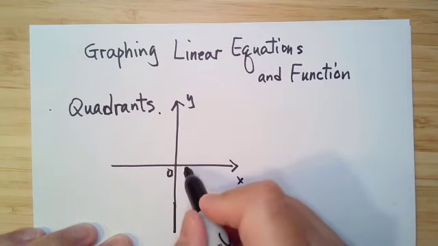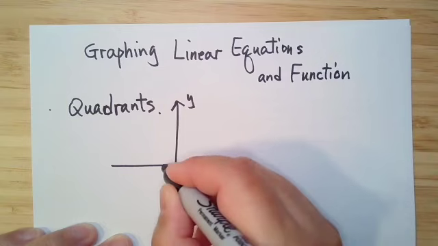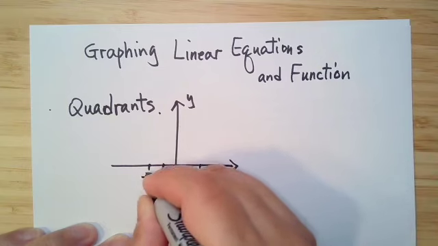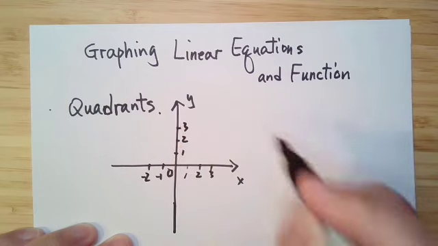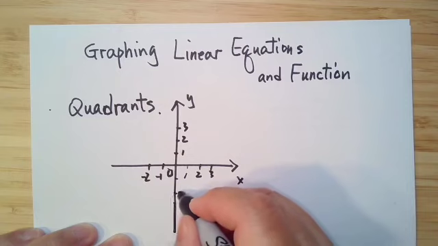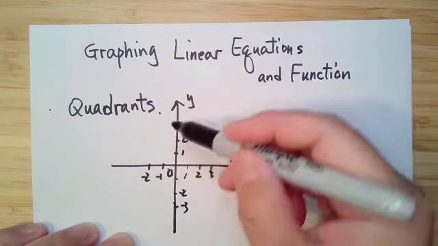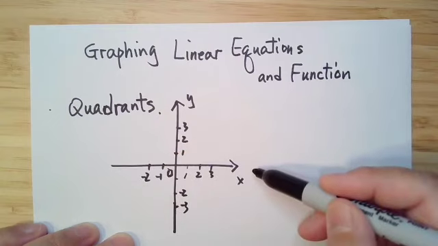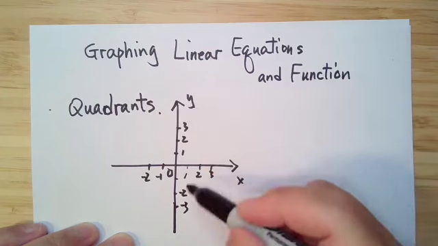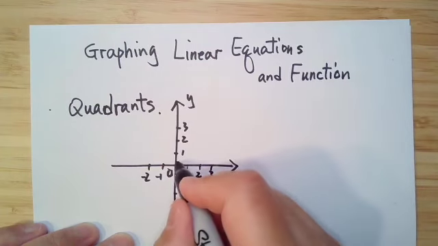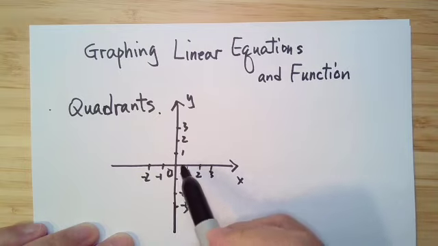Here's a 0, and then 1, 2, 3, like the number line, right? And for y, we also have 1, 2, 3, and -1, -2, -3, and so on. We call these the x-axis and the y-axis, and because they are perpendicular to each other, they intersect and form a 90 degree angle.